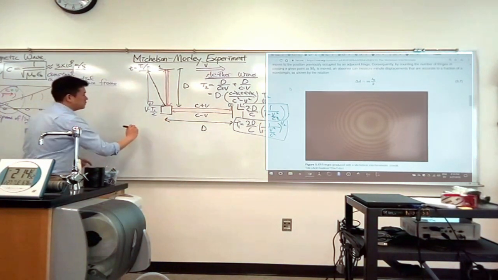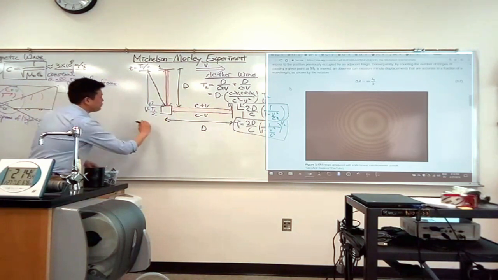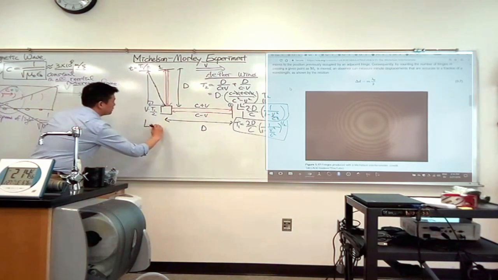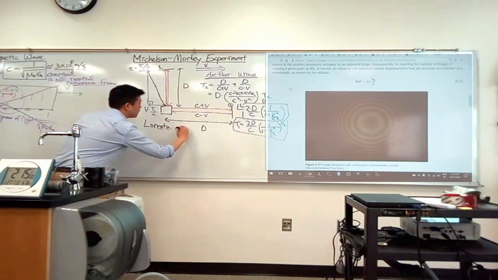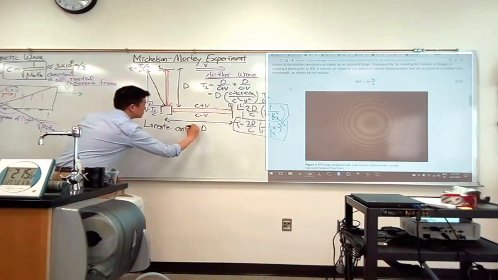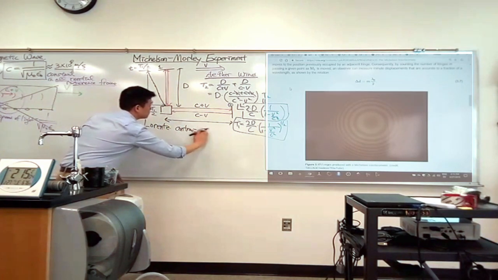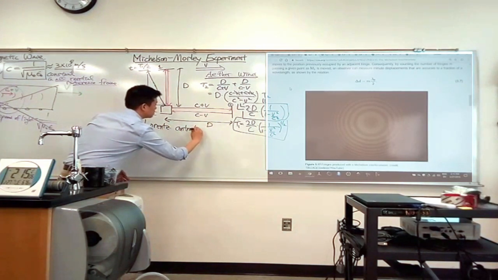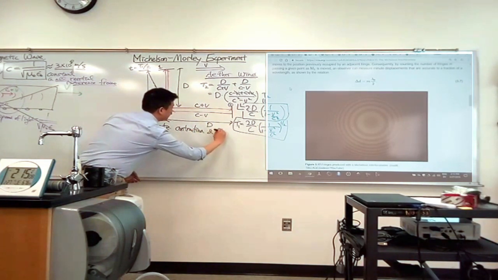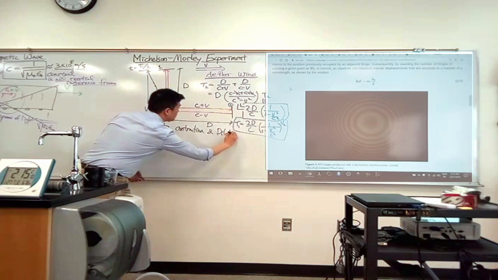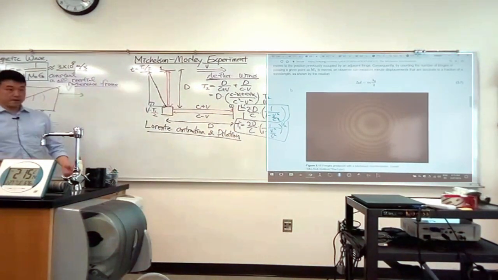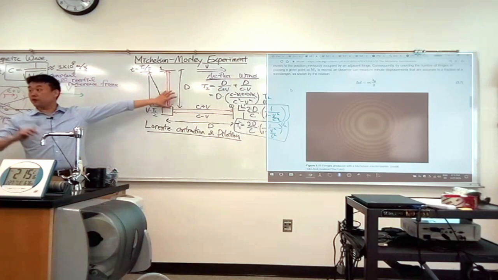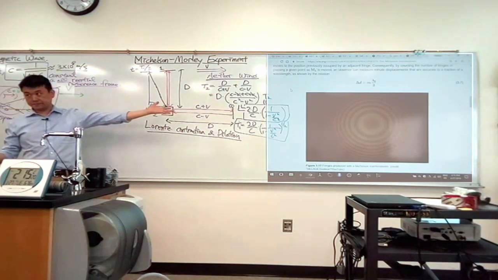He came up with the idea that we now call Lorentz contraction and dilation. So the idea he had was maybe as these objects move around in the ether, they change their lengths.